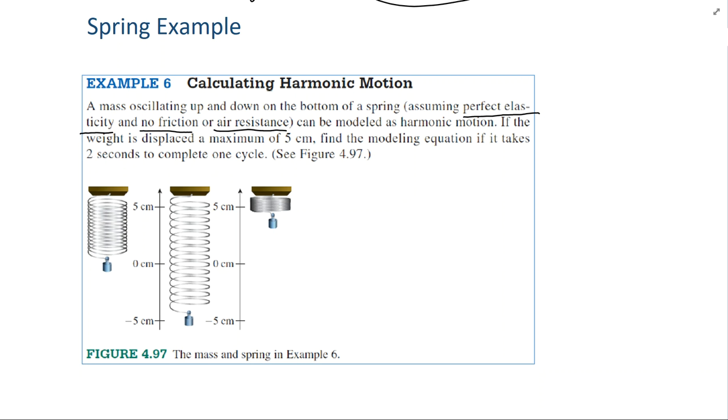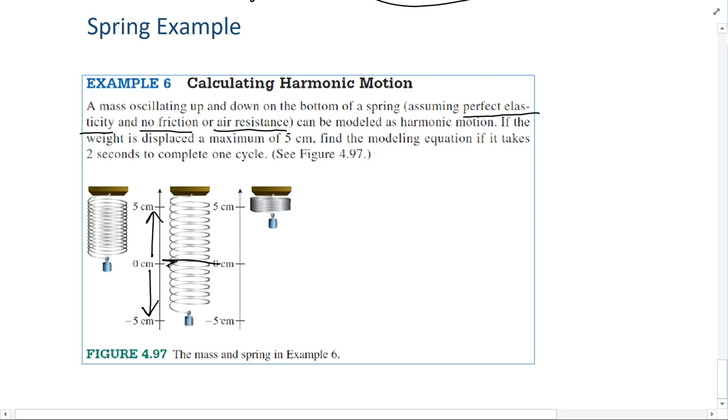Okay, so actually, what are they asking us to find here? If the weight is displaced a maximum of 5 centimeters, so you can see it's going down 5 centimeters and then back up 5 centimeters, so this is the middle. Find the modeling equation if it takes 2 seconds to complete one cycle.